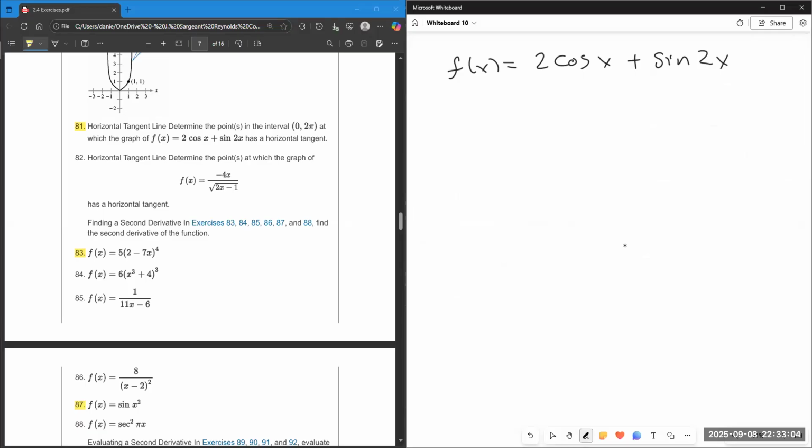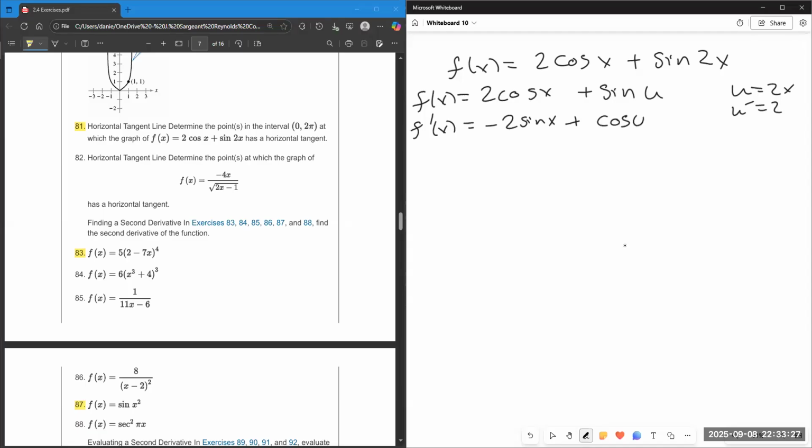So f of x is equal to 2 cosine of x plus sine of u, where u is 2x and u prime is 2. So f prime of x is negative 2 sine x plus cosine of u times u prime.